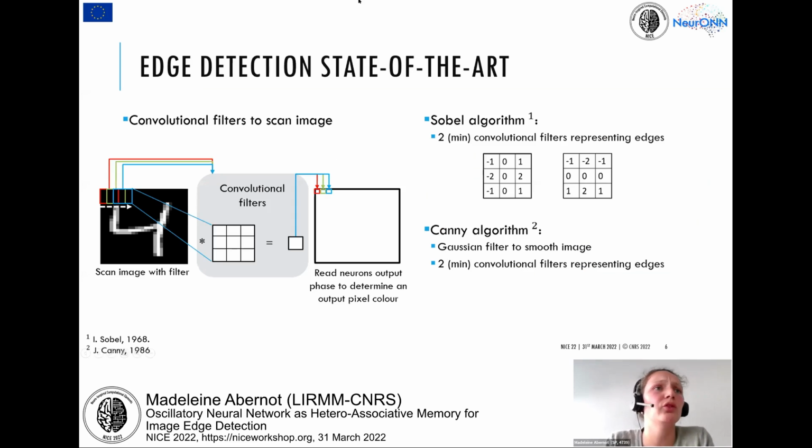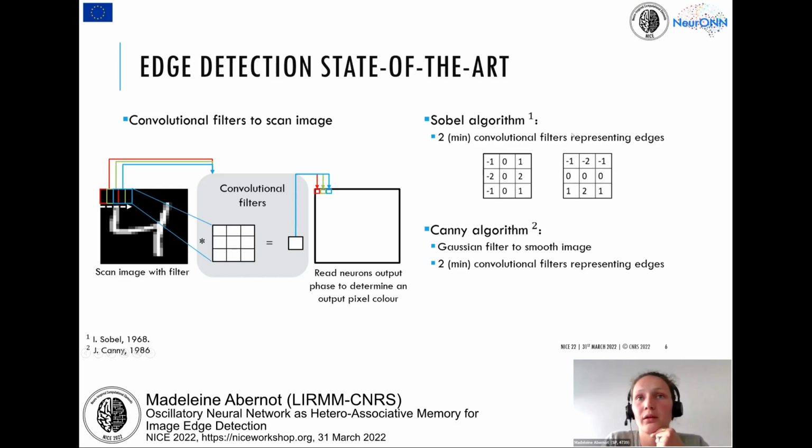Just a small part on how edge detection algorithms are usually performed. The state of the art is using convolutional filters that scan the image. The idea is that you take a small part of the image and apply a convolutional filter with some coefficients to detect if there is an edge or not.